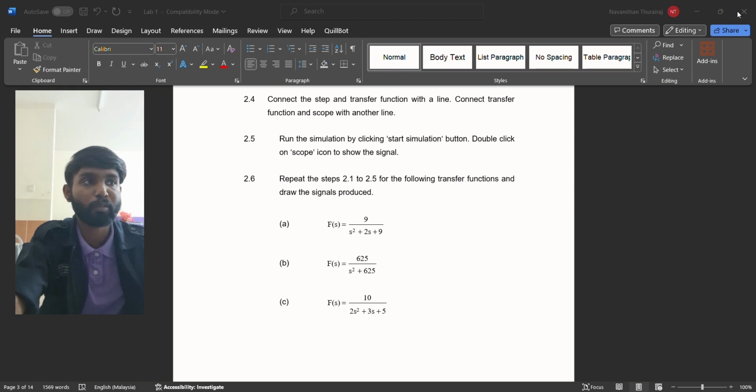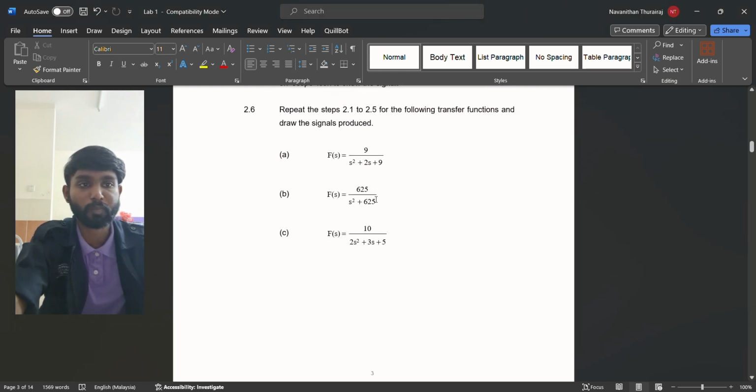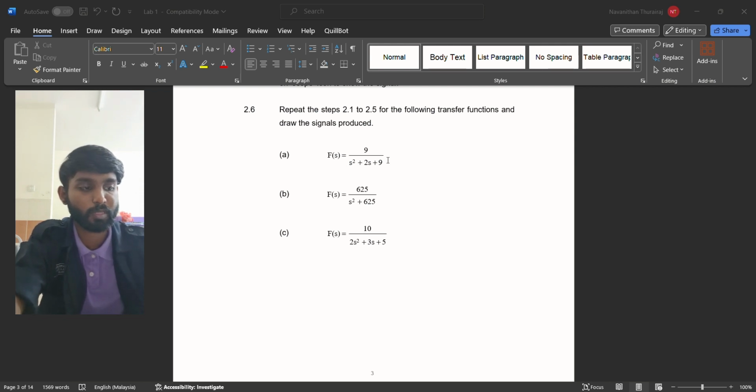Then we can go for the second one, which is 625 over s square plus 625. This one will be placed under 0.